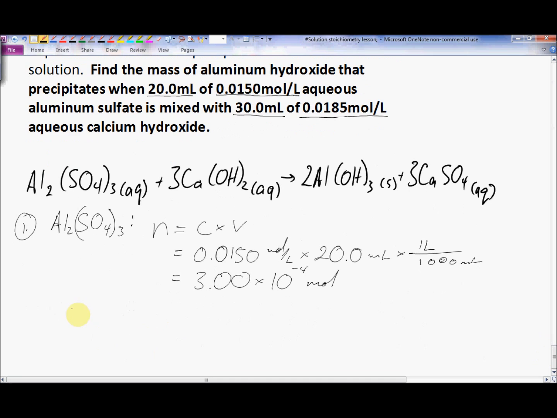As for the calcium hydroxide, number of moles is going to be equal to concentration times volume. There's the concentration, 0.0185. There's the volume, 30 milliliters.